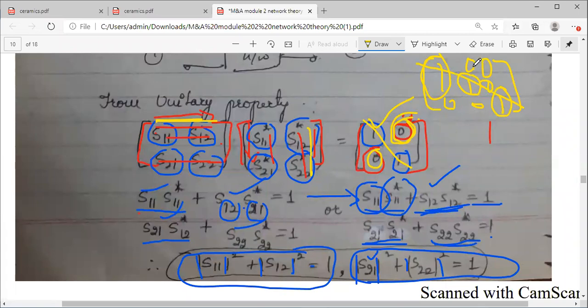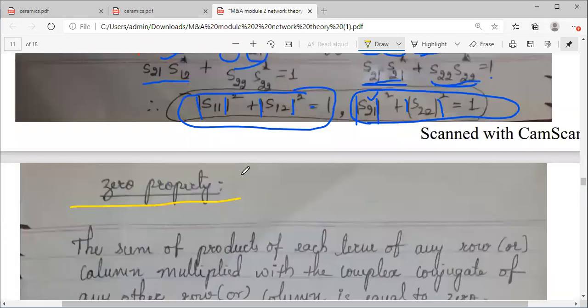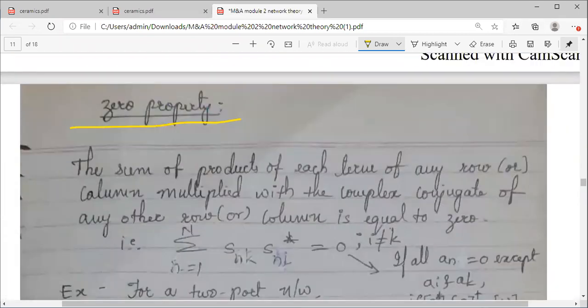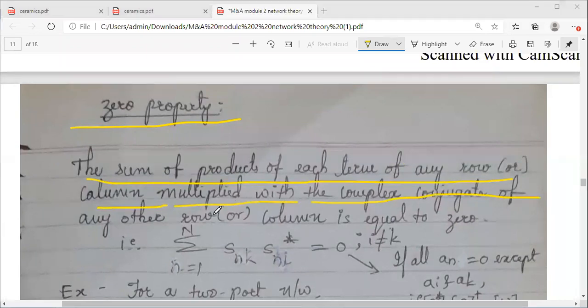But what about the other remaining terms? This comes under zero property. So let me just read out the statement. The sum of products of each term of any one row or any one column, this is as it is multiplied with the complex conjugate of, here till this complex conjugate with its complex conjugate is unitary property. Okay, 1 1, 1 2, 2 3, 3.